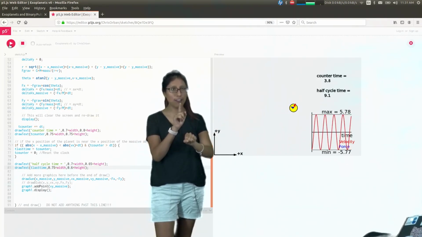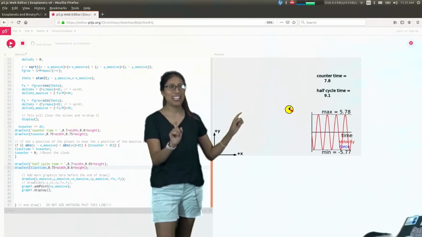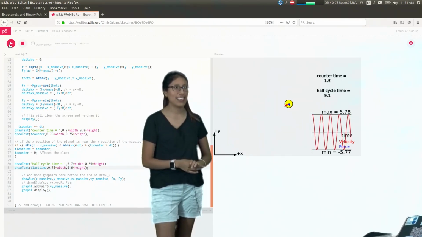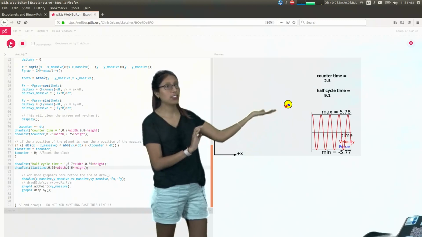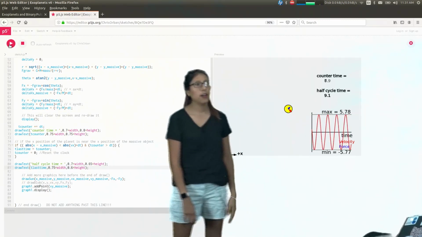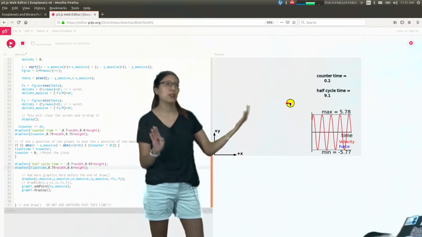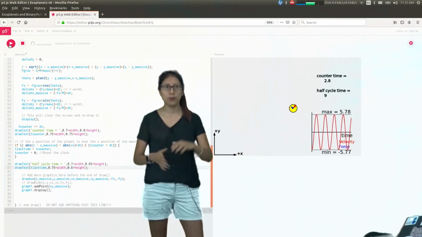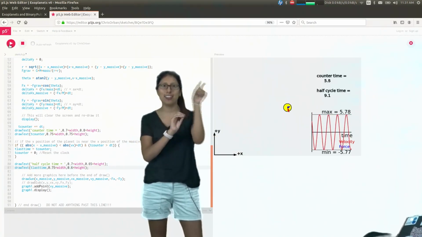So that would be half a cycle. So the period is twice the half cycle. The half cycle time, it says here, is about 9. Therefore, if we multiply that by 2, we know that the full period of the planet going around the sun will be 18.